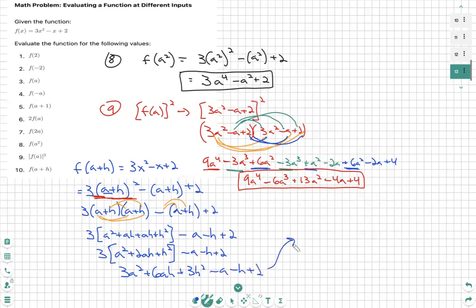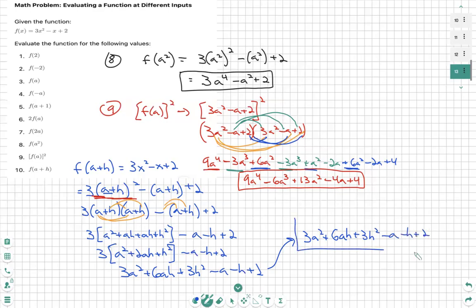We're going to combine those now. We see 3a squared plus 6ah. Oh, nothing combines. That is it, because there is no like terms there, and we are good to go. Lovely. Minus a minus h plus 2.